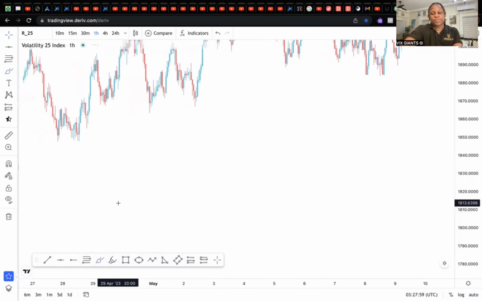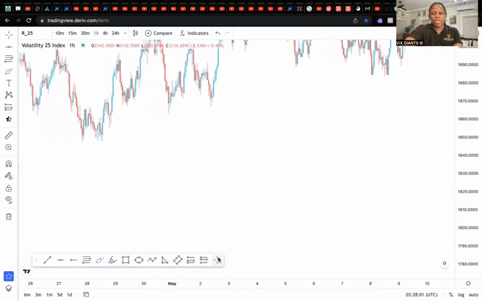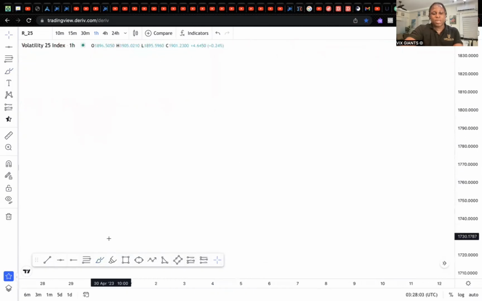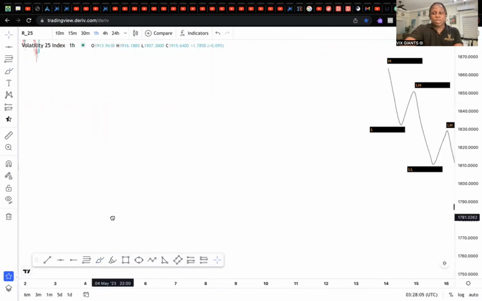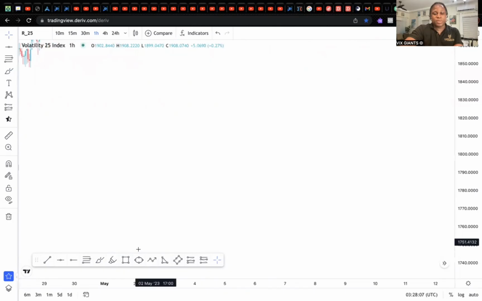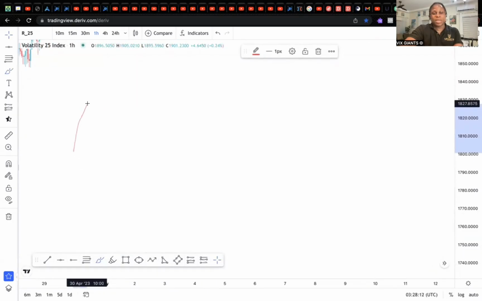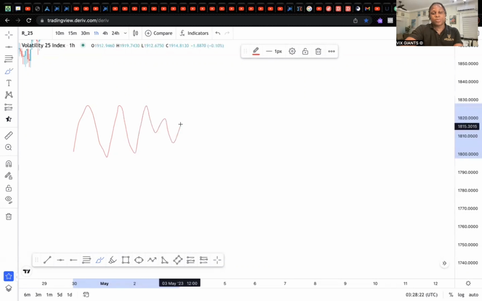So usually what happens in a sideways market, it normally tends to look something like this. We're basically pushing upwards, rejecting high, pushing back down to low, back up to high, rejecting, pushing down, boom, boom, boom, boom.